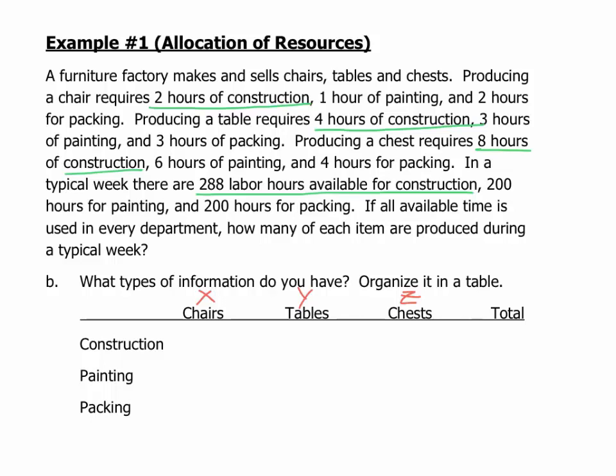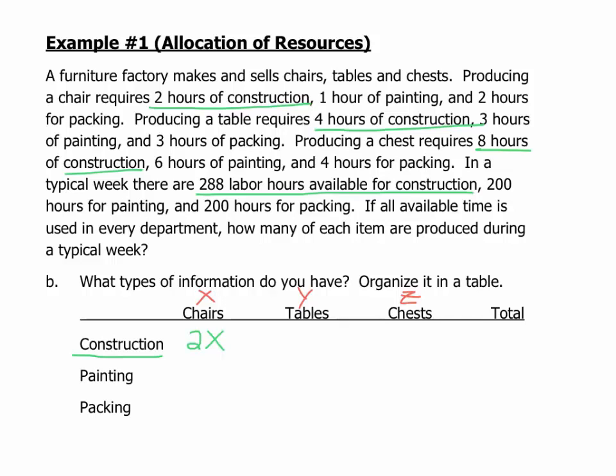So we can use these values to come up with an equation. I have a row that's all about construction in my table. For each chair, we require 2 hours of construction, so 2 times x is the total number of hours that we use making chairs.